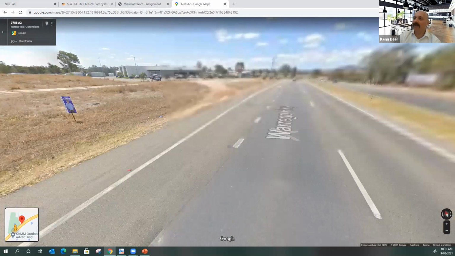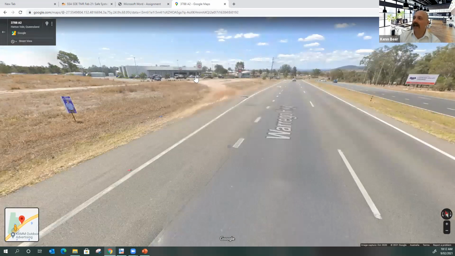We see there are not too many fixed hazards in the immediate vicinity of the roadside. So that probably brings down the likelihood of run-off road crashes, because people could leave the road and then recover and come back on the road and continue on. There is no crash.